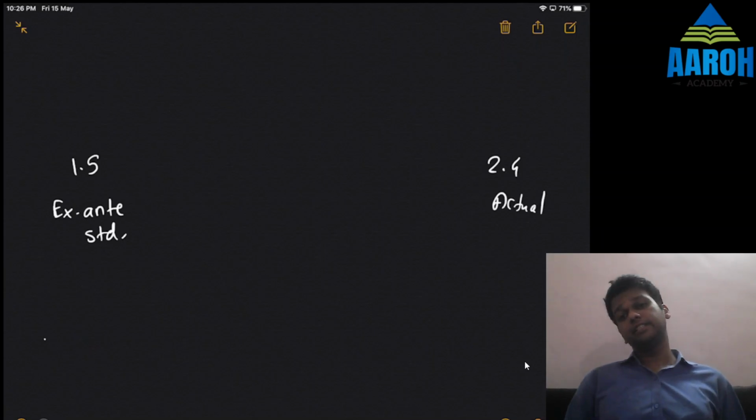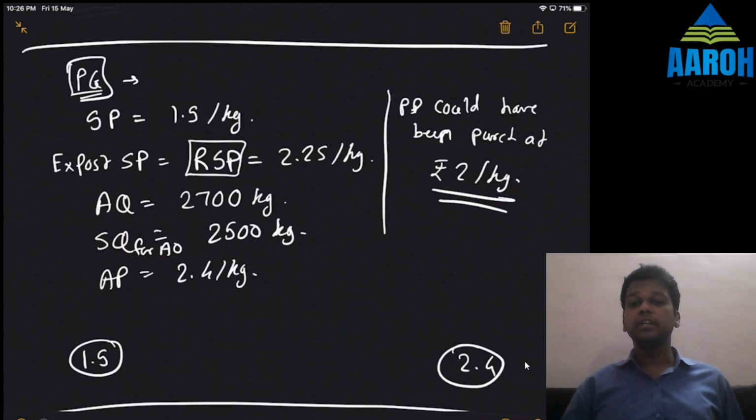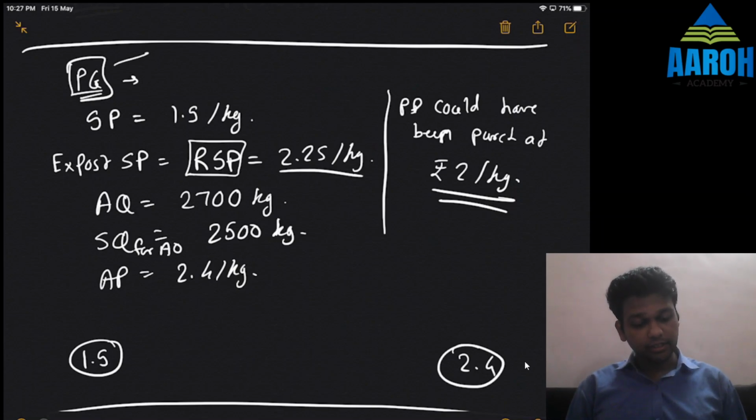But now there is a revised standard price also. What had they given? That if we had purchased efficiently, we could have purchased this raw material PG at 2.25 per kg.